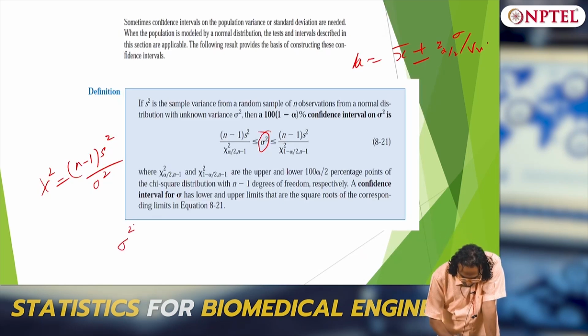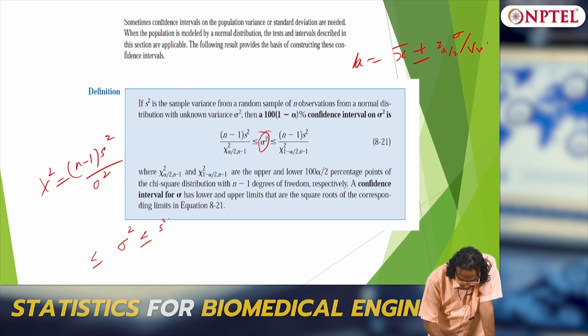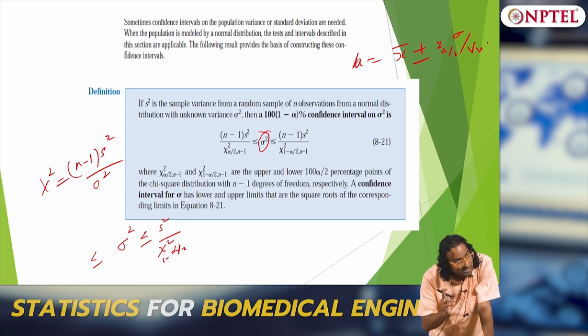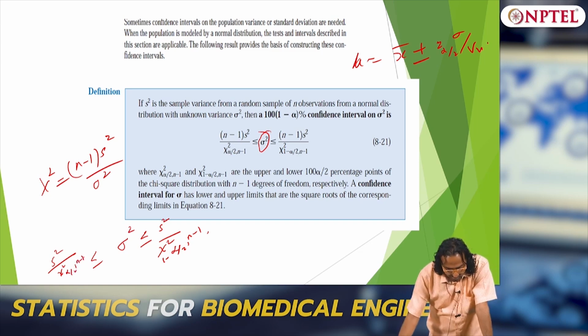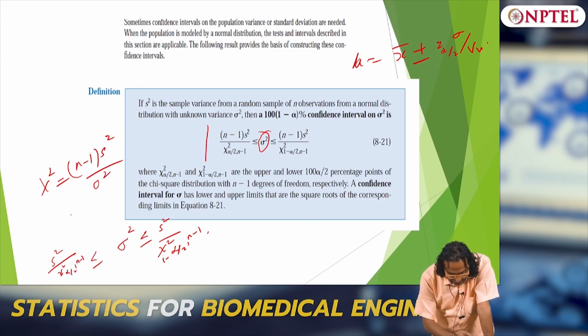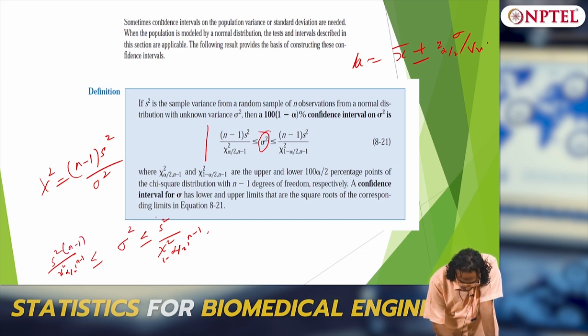Sigma squared lies between what? S squared by chi squared at alpha by 2 and 1 minus alpha by 2. This is not a symmetric distribution. So, you have chi squared of 1 minus alpha by 2 comma n minus 1, and on the other side it should be chi squared of alpha by 2 comma n minus 1, and of course the n minus 1 should multiply s squared in the numerator.